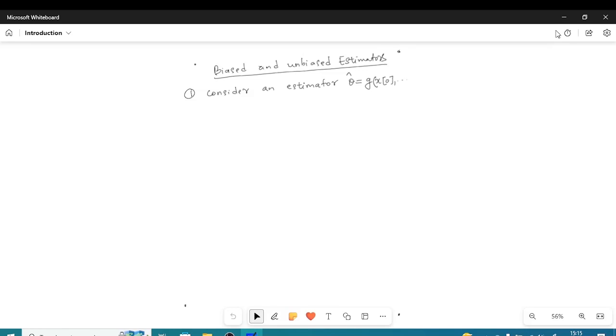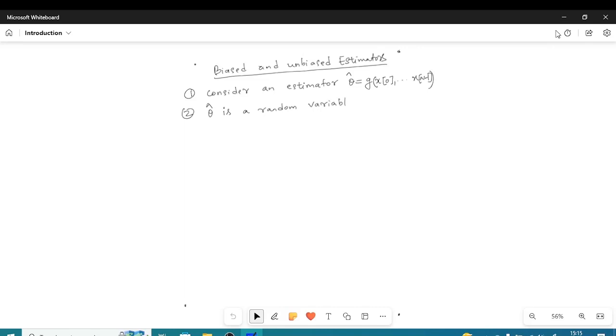Okay, so what can we say about this? That theta hat is a random variable because it's a function of random observations.